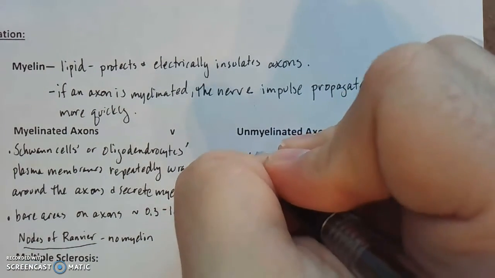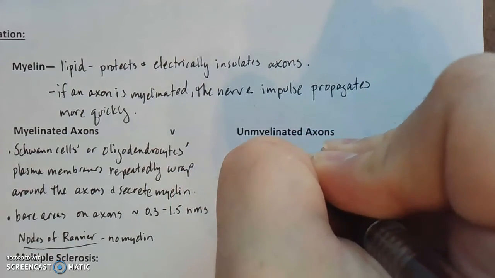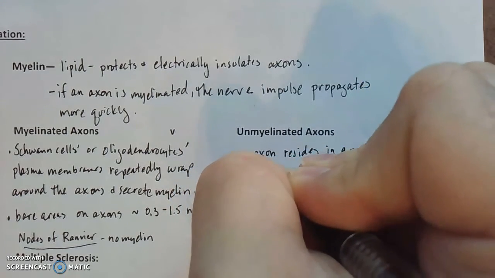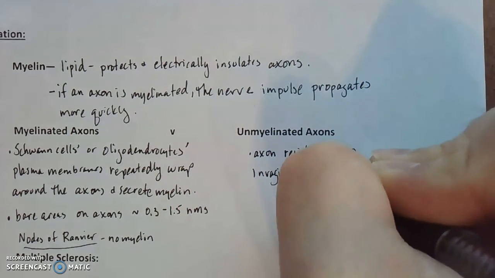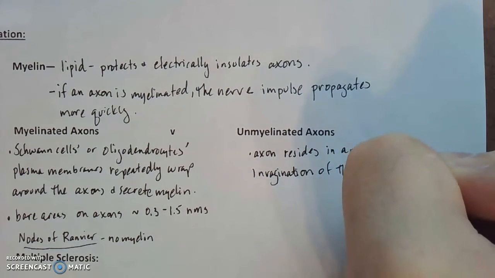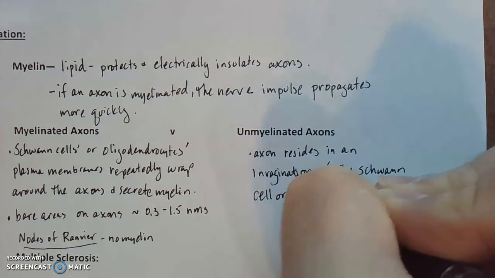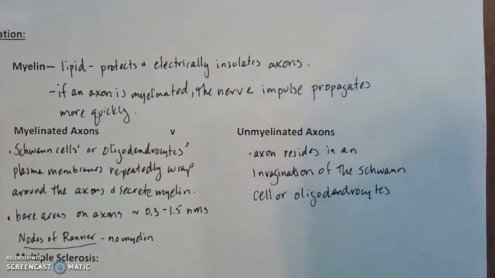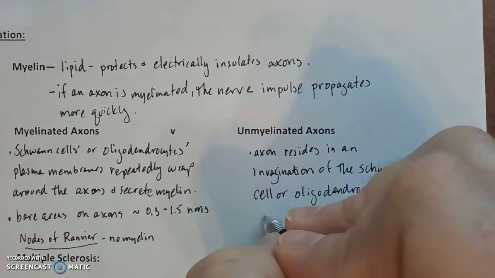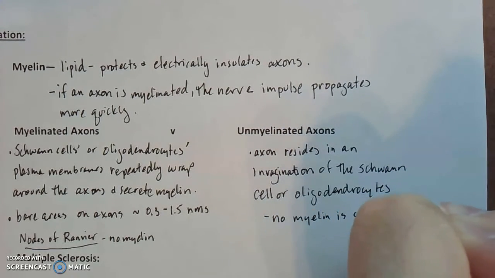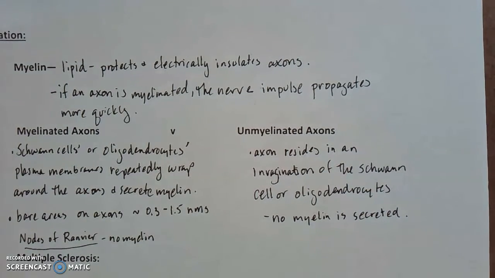With an unmyelinated axon, the axon resides in an invagination of the Schwann cell or the oligodendrocyte, but no myelin is secreted. So we still have those cells, but we do not have any myelin.